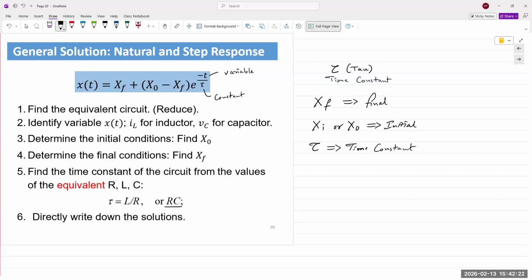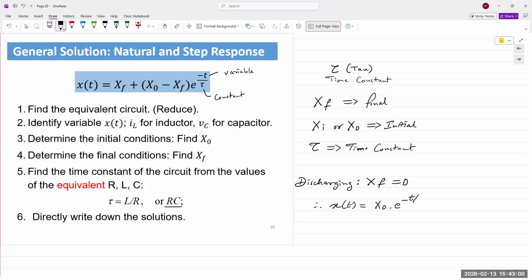So let's see how this would fit for a natural response or a discharging response. For a discharging circuit, what did we say? Final value for a discharging response is 0. So XF would be 0 for discharging circuit. So the equation would reduce to X of t is x0 into e raised to minus t over tau.